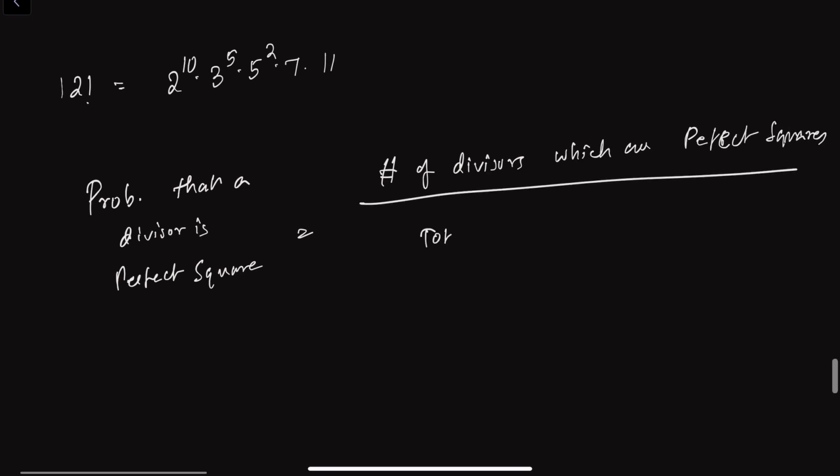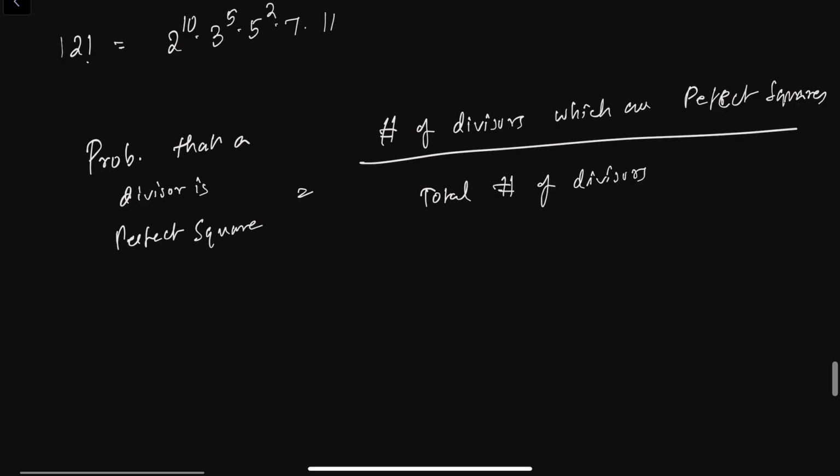We have a direct formula, 11 into 6 into 3 into 2 into 2, but we can just see how we are getting that formula.